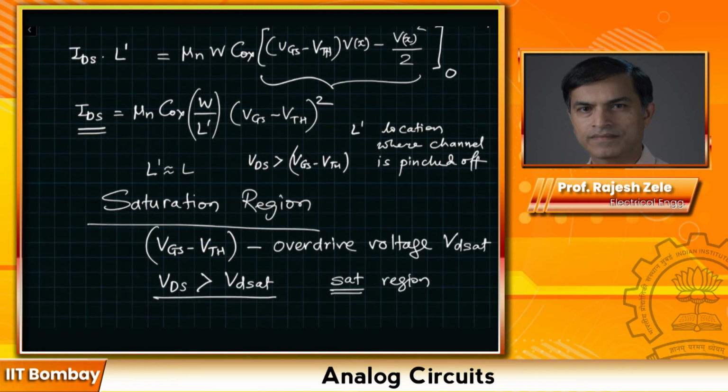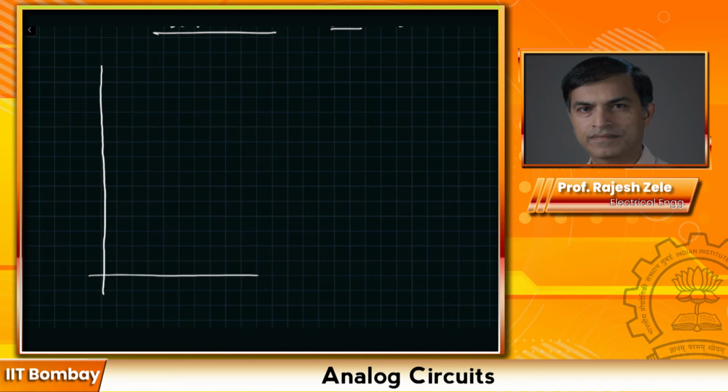Let's go back to our transistor characteristics and see how this plugs into the curves that we drew earlier. Again, I'm drawing VDS on the x-axis and IDS, which is drain to source current, on the y-axis.